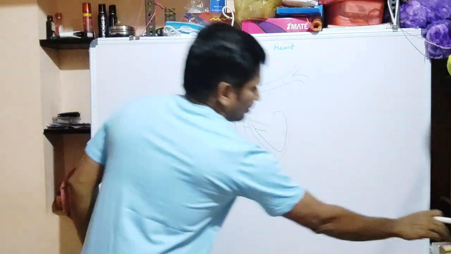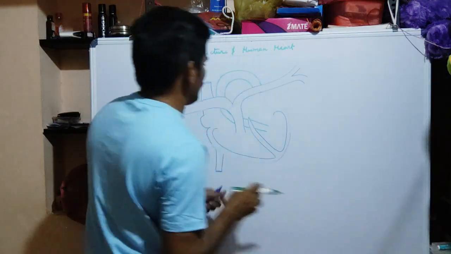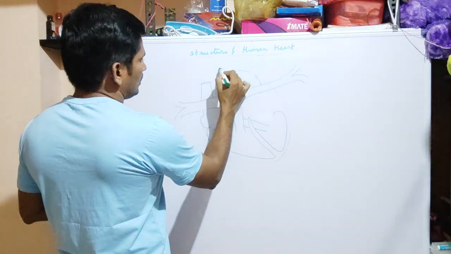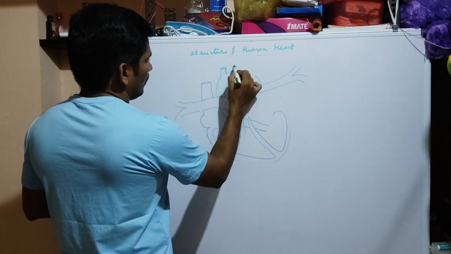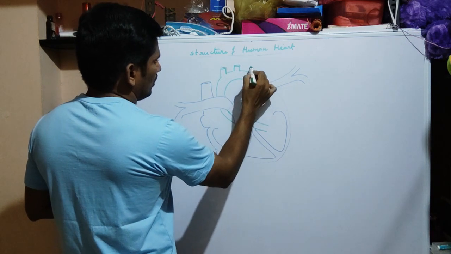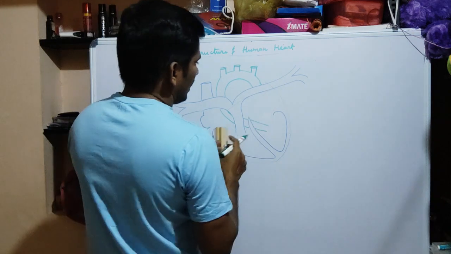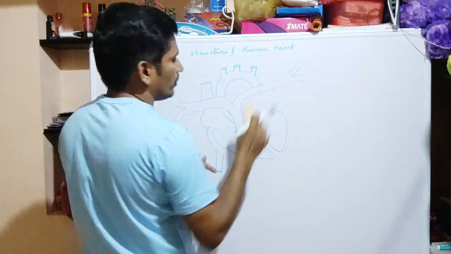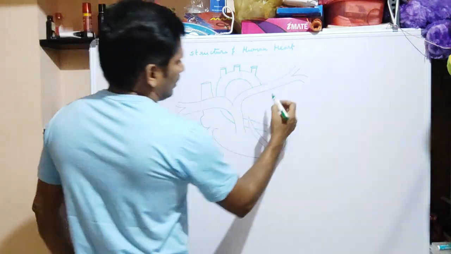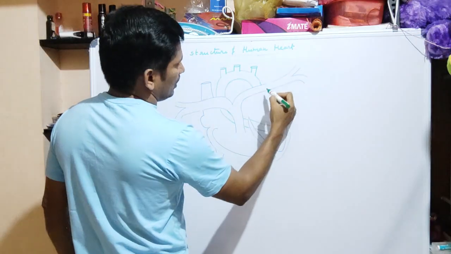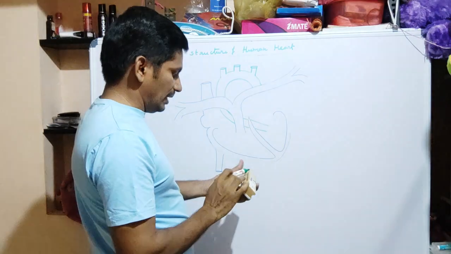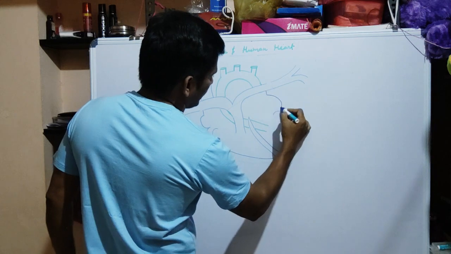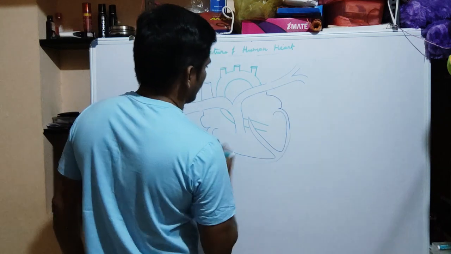Next, from the upper, what you call the superior parts, which are the head and neck, the branches will divide. You should draw the branches here, and you can confirm this line with the upper chamber, which is the left atria, by marking a small one like this. This is the upper chamber.